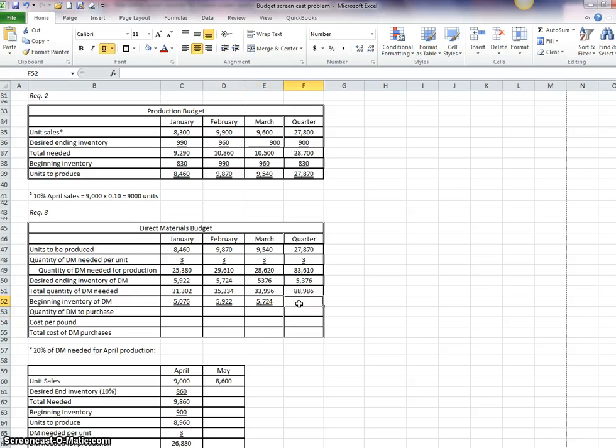So we want that to equal March's ending inventory. Now, the quantity that we need is, if we need 31,302 and we already have 5076, then we can subtract. So this equals what we need minus the inventory that we already have. And we can copy that formula all the way across.